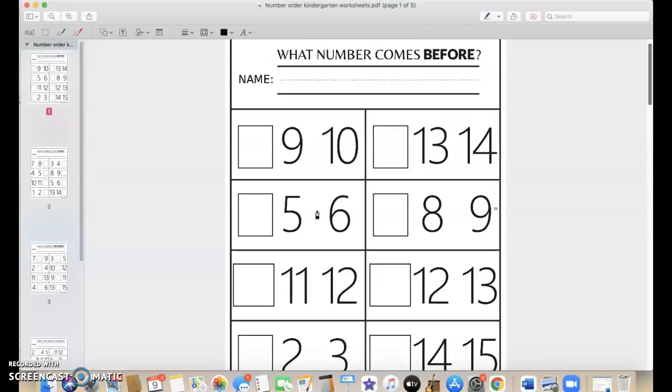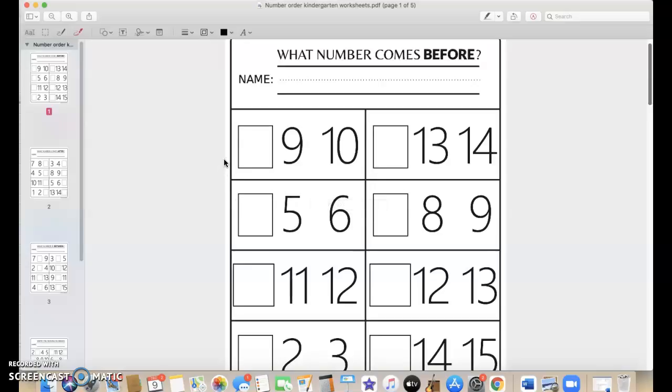Alright, so let's go ahead and try some number order problems. So for this worksheet, we're thinking about what number comes before. So I'm going to go ahead and do this first one with you. So here's our blank. So we're looking for this number, and then we're looking for the number that comes before 9 and 10.